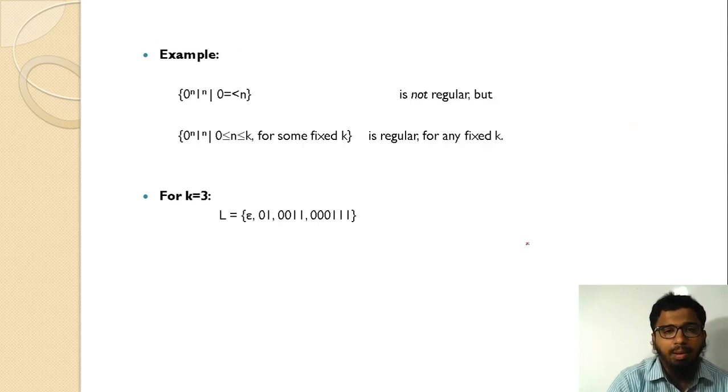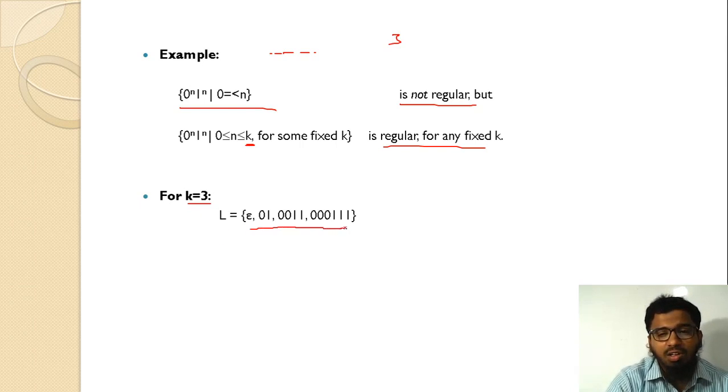So, here is an example. If we have this language as I told you, 0 power n, 1 power n, with n greater than or equal to 0, it is not regular, but it is regular after fixing k. We do not know the n value, but if we define k like 3, then it will stop after some steps.